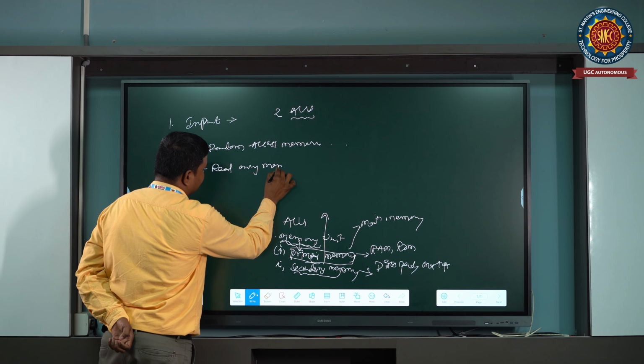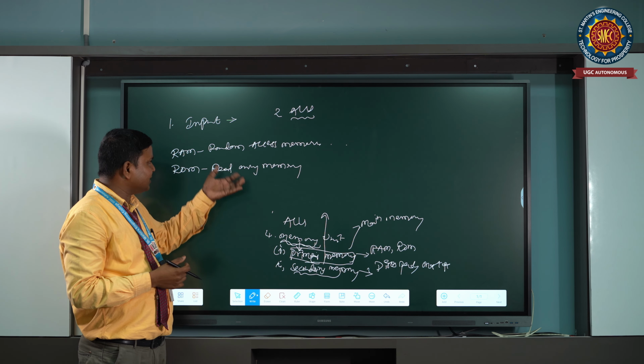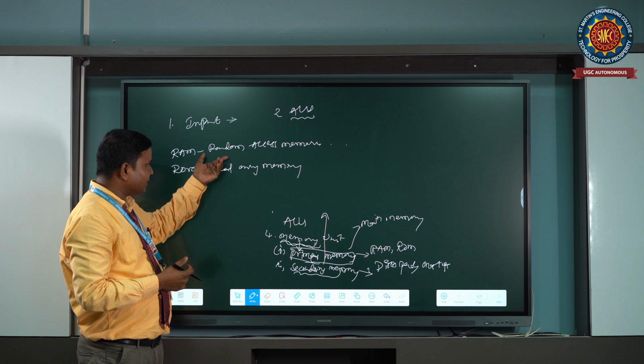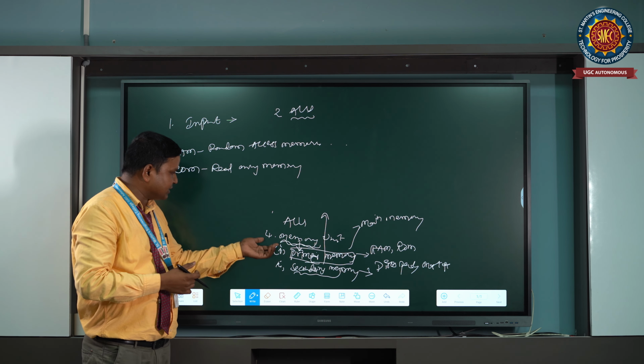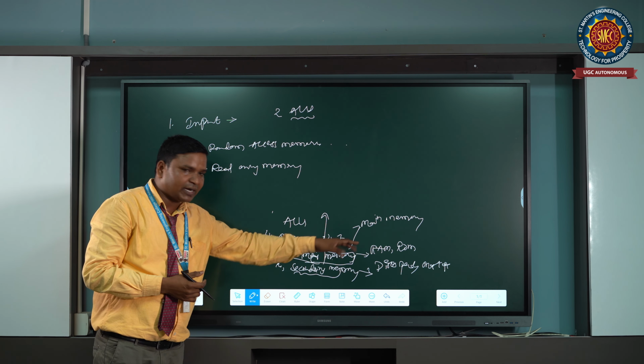Random access memory and read only memory belong to primary memory, which is also called the main memory. RAM and ROM are the examples.